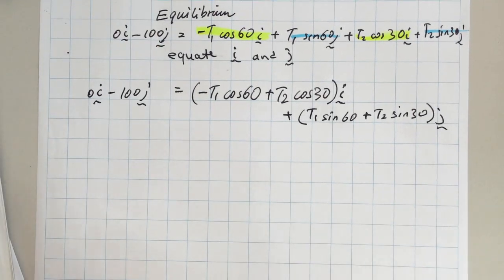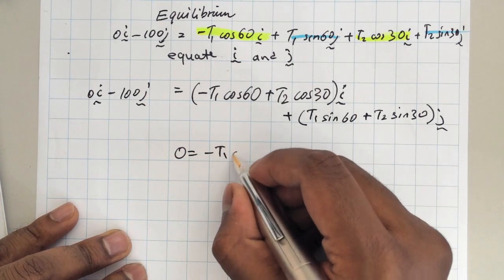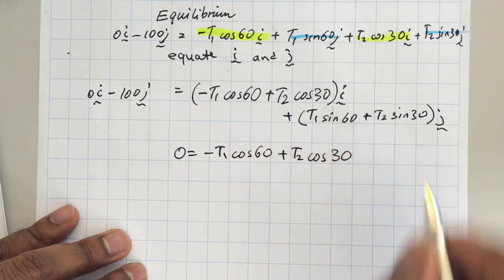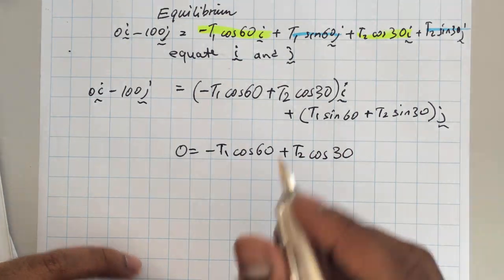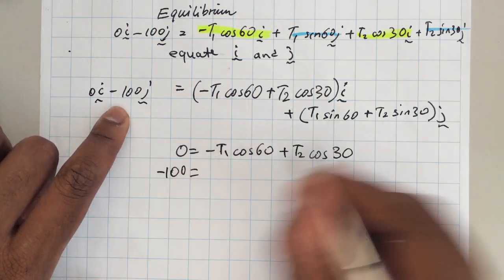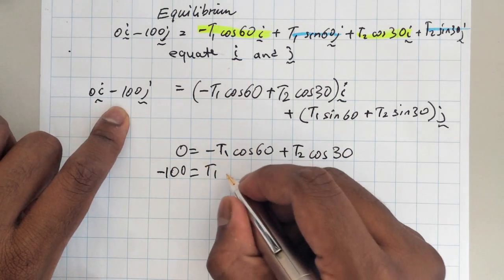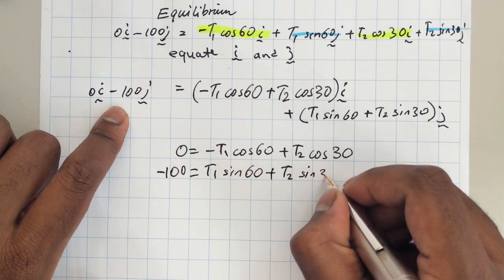So in other words, 0 equals negative T1 cos 60 plus T2 cos 30. Then negative 100 equals all of this J over here. So we got T1 sine 60 plus T2 sine 30.